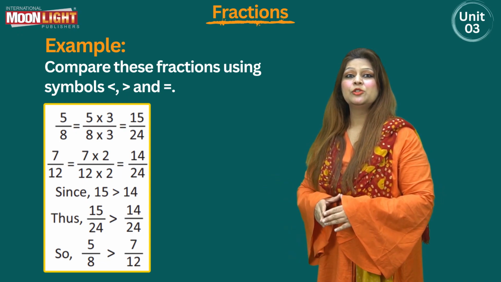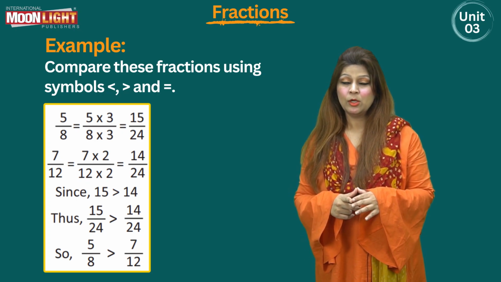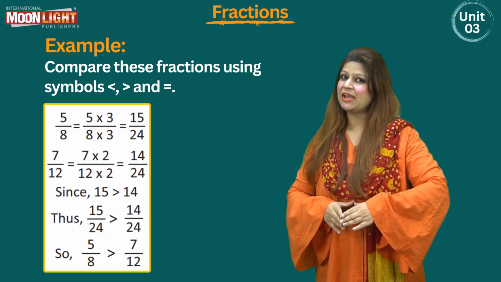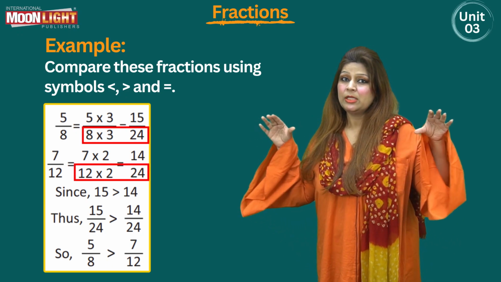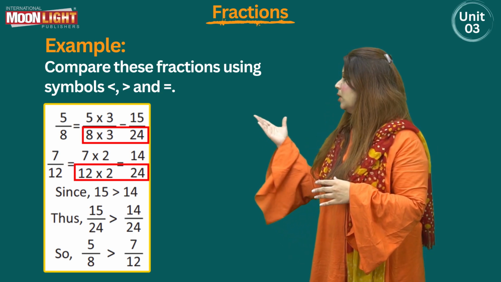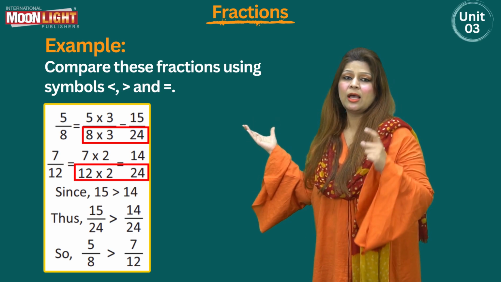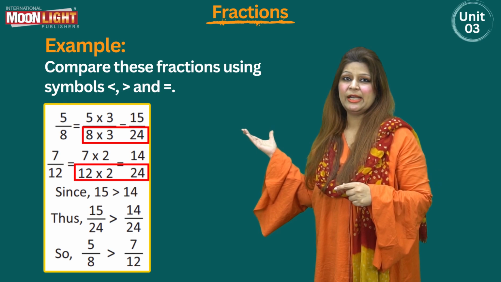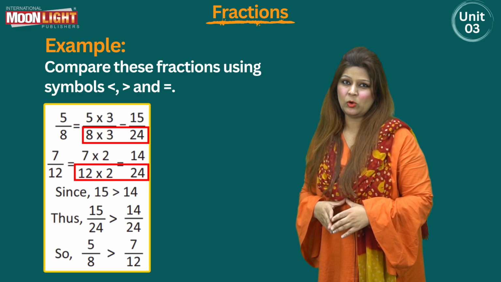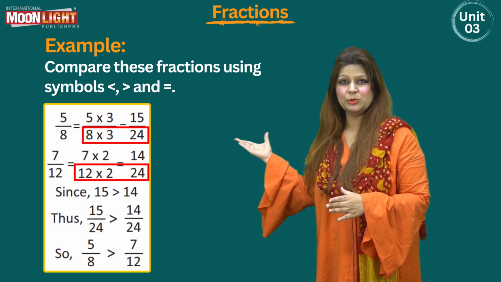First convert them into equivalent fractions, and remember that we must have the same denominator. Because we want like fractions, we must have equivalent fractions so that the denominators of both fractions are the same. So I recall my tables. In the 8 times table, there is a number which is also in the 12 times table. That number is 24. 8 3s are 24 and 12 2s are 24.